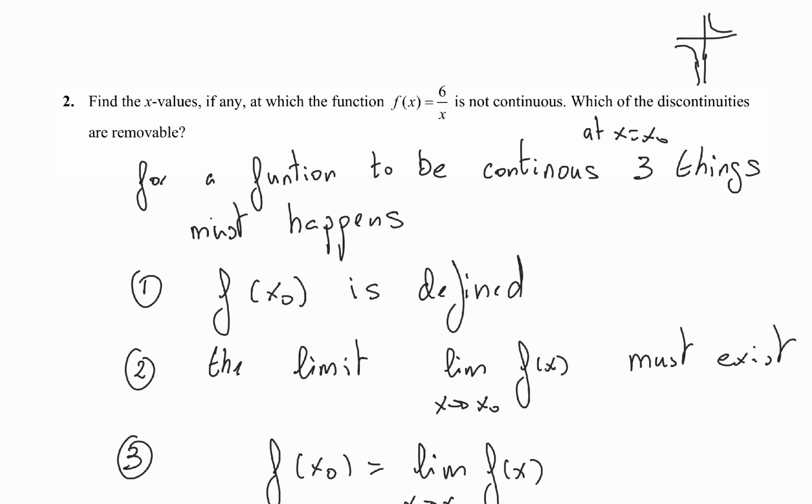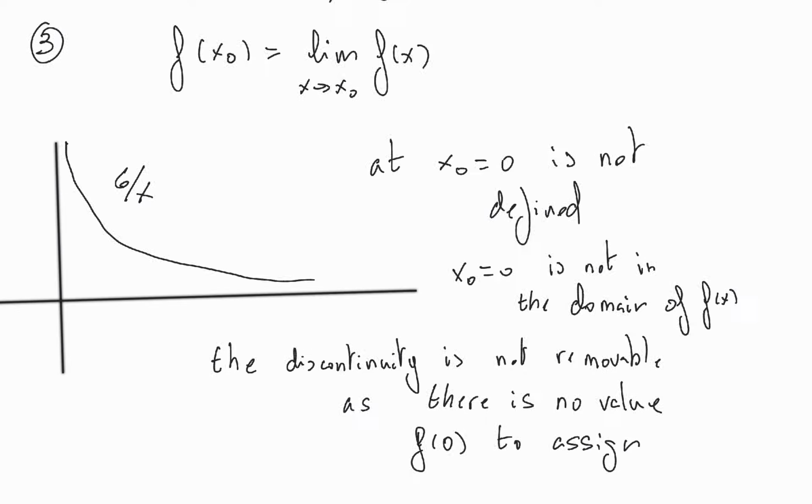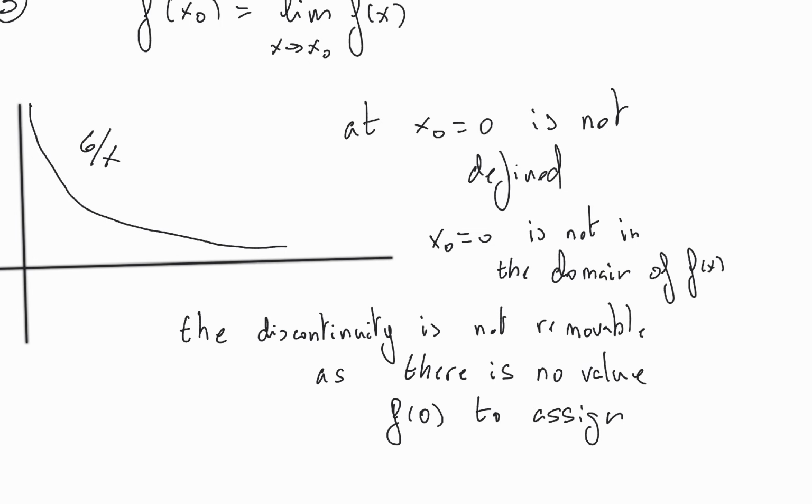So the function 6 divided by x will not pass the first condition, will not pass the second condition, and for sure the third condition is impossible to satisfy because f of 0 doesn't exist. So the conclusion: this function is not continuous at x equals 0 because x equals 0 is not in the domain of f of x.